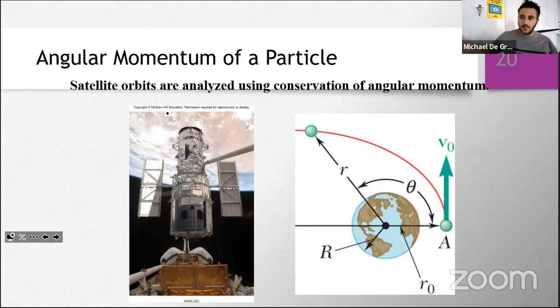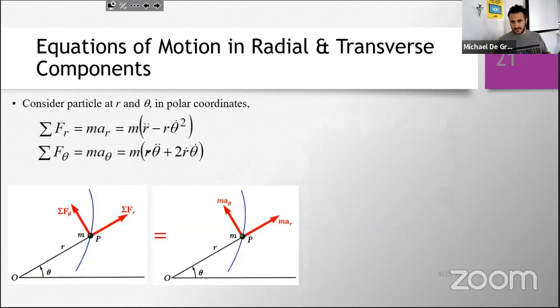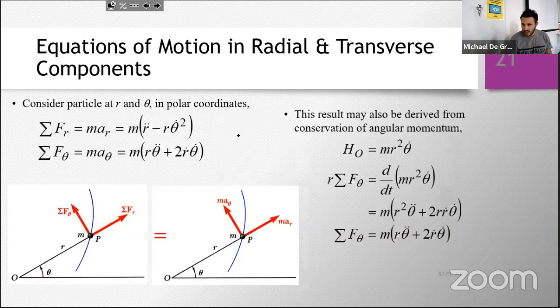All right, so why do we care about angular momentum of a particle? Well, because satellites orbit the Earth, and as we'll find out, there are certain things that we can do that actually help our force analysis. So here's our radial and here's our transverse coordinates again, our polar coordinates. We talked about this a little bit already.